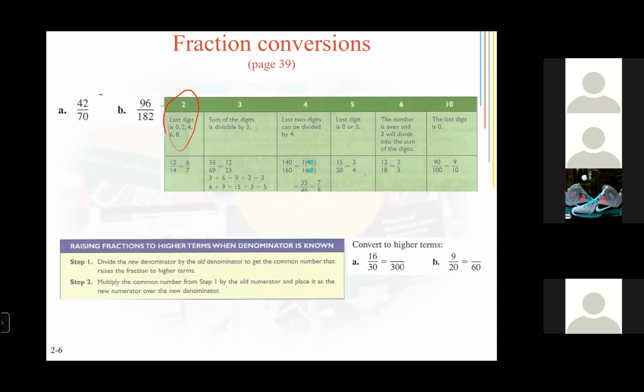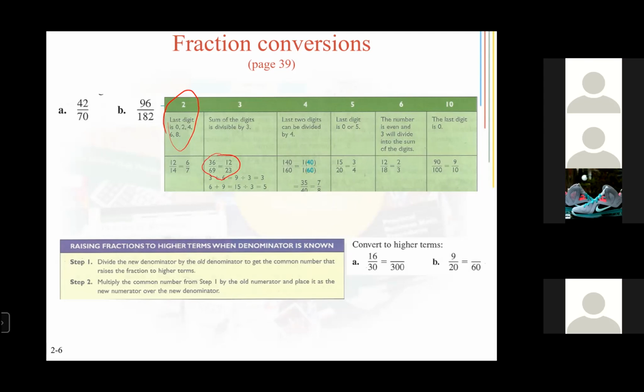Now, if you want to know whether you could divide by 3, it says the sum of the digits is divisible by 3. So if you look at the example they give here, 36 over 69, when you add the digits of 36, 6 plus 3, is 9. You know that 9 is divisible by 3, so right away 36 is also divisible by 3.